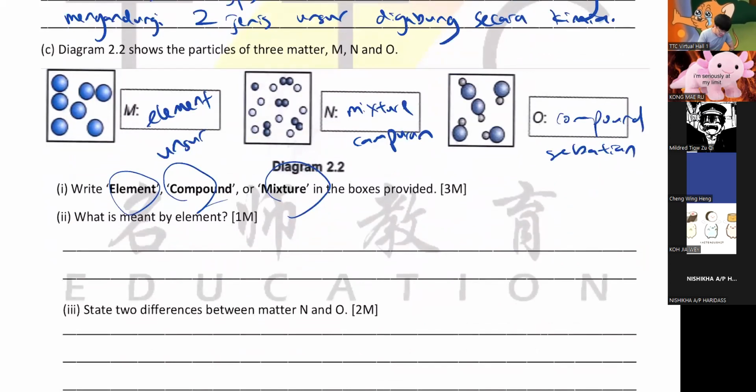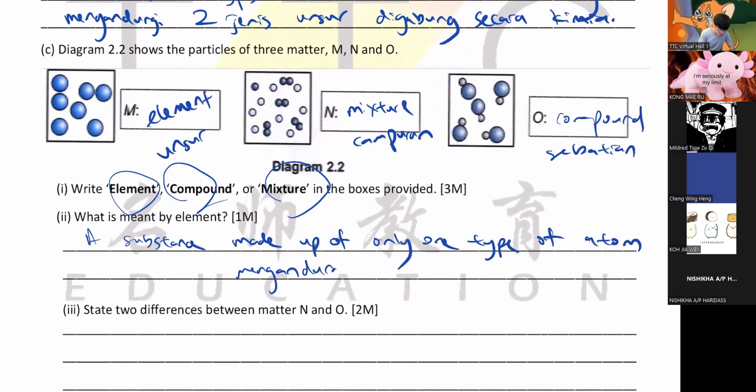So what is meant by element? A substance made up of only one type of atom. Bahan yang mengandungi sejenis atom sahaja.